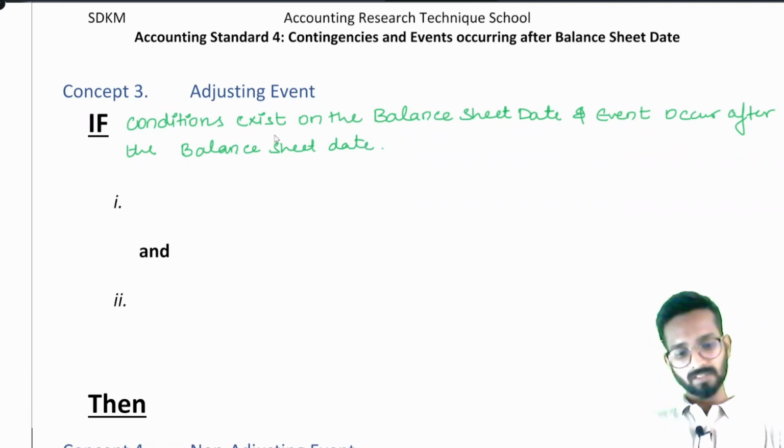If conditions exist on the balance sheet date and event occurs after the balance sheet date, it provides what it should provide.